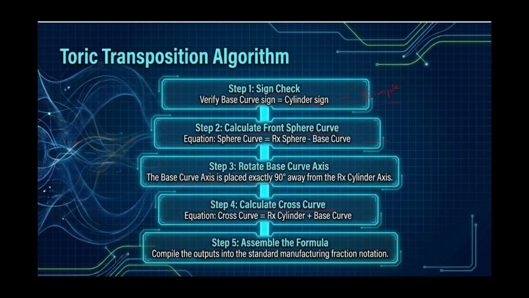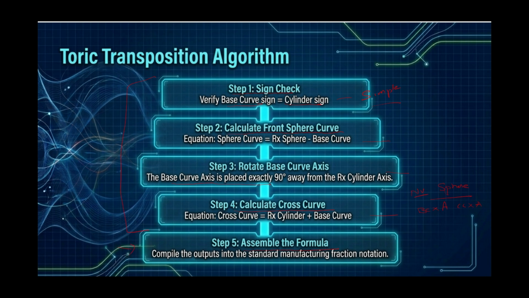The cross curve is the cylinder plus the base curve. Each step I will tell in detail; we just have to know what the steps are. I am just enumerating the steps. Finally, after calculating all this, we assemble the formula as I already told: the numerator having the front sphere surface, the anterior sphere surface, and the denominator having the base curve and its axis, and the cross curve and its axis. So essentially it is 4 steps giving rise to the final 5th step.